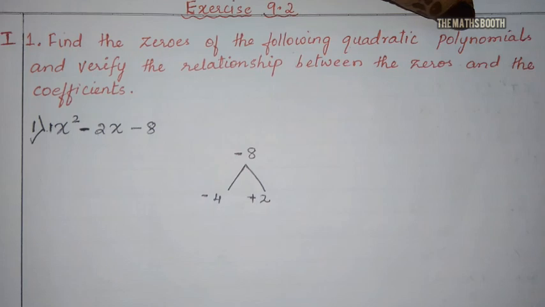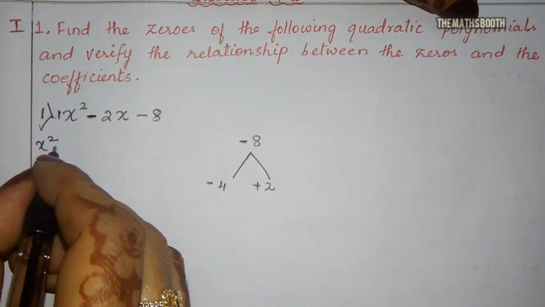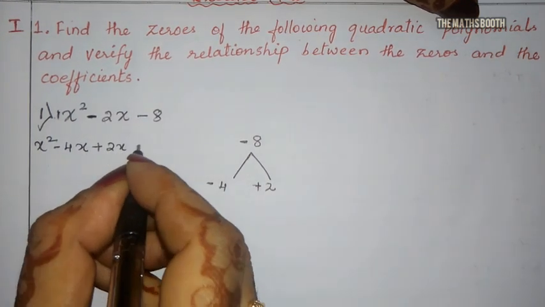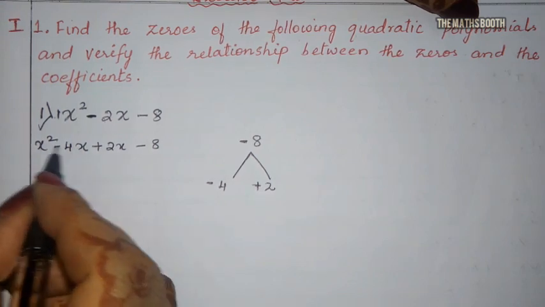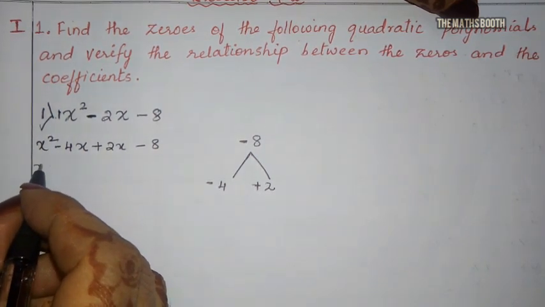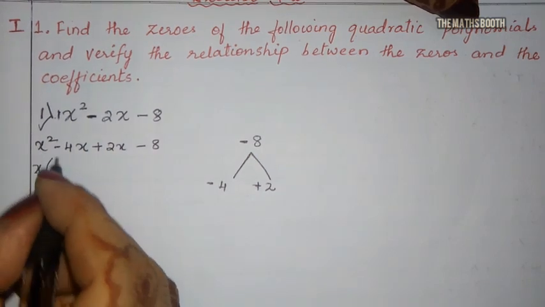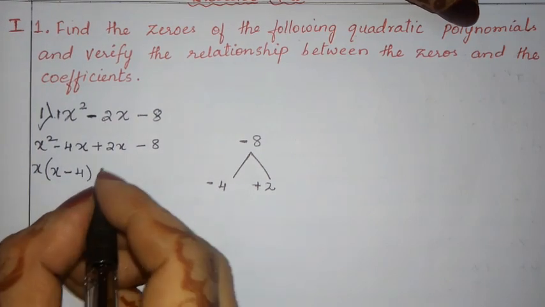So let us write x square minus 4x plus 2x minus 8. Now what we have to do is check the common factor in these two terms. X is common. If x is common, what is left? X is left, minus 4 is left.